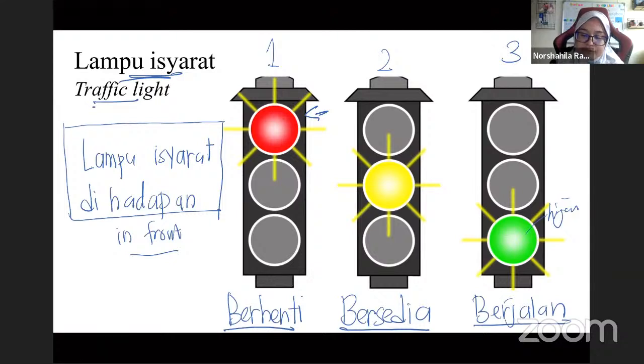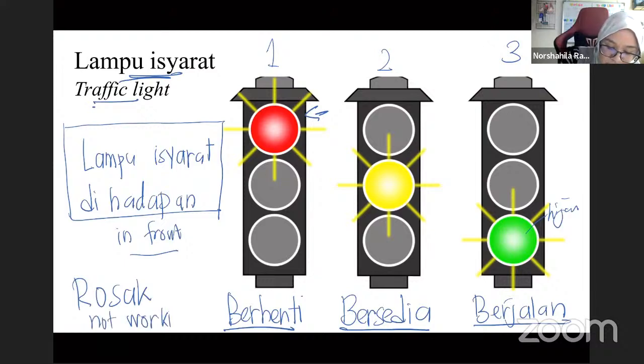This is universal. Please beware also, sometimes in Malaysia the traffic light is often broken, not working. In Bahasa Melayu, we call it rosak. Something's not working, so rosak. If you see this word, rosak means broken.